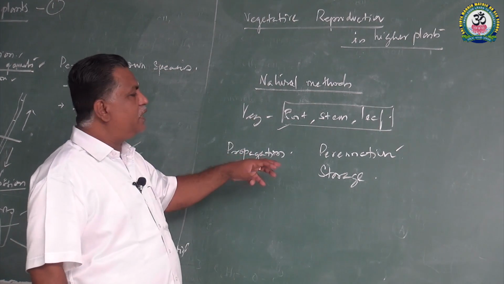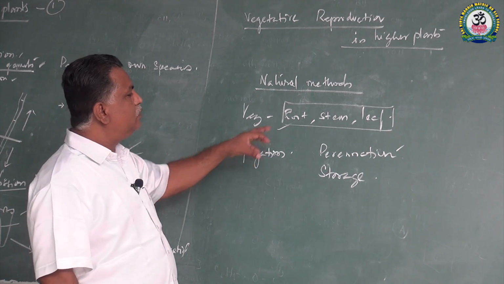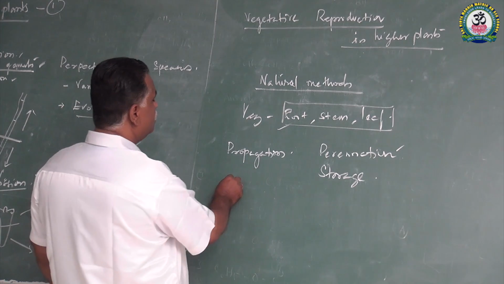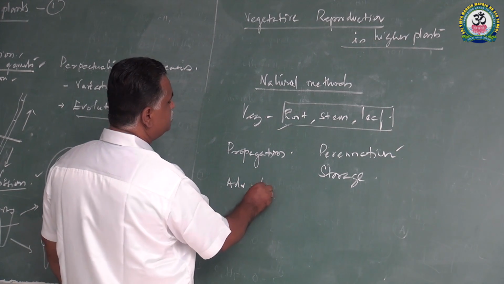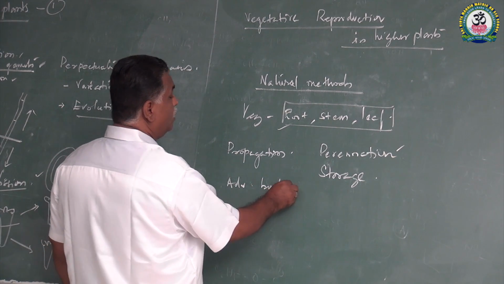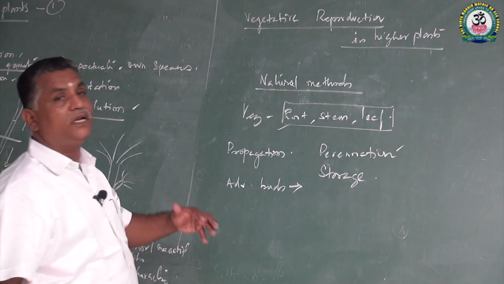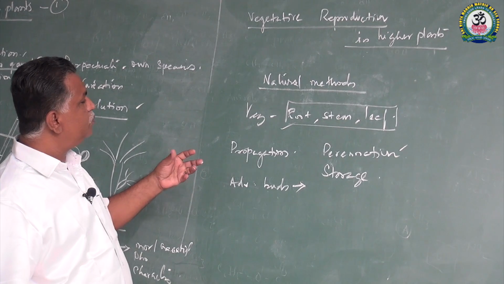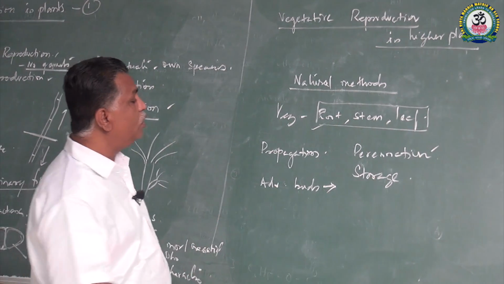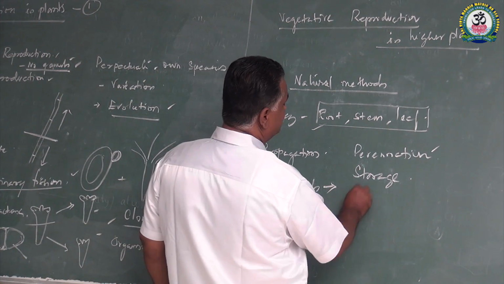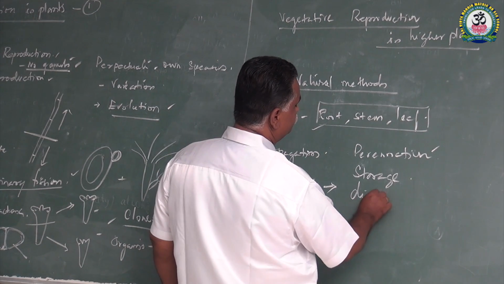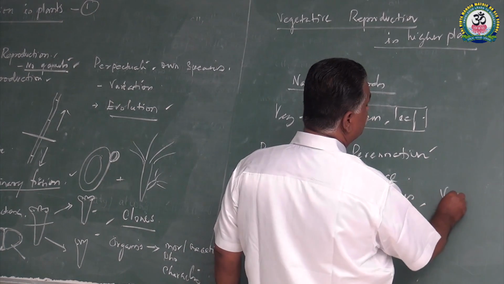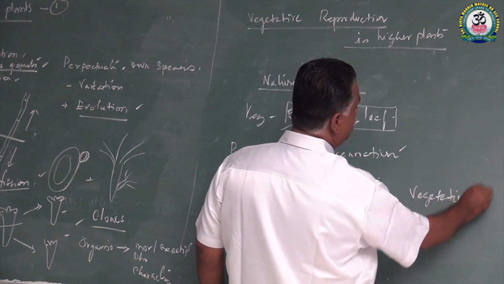But in some cases, especially the root, stem, leaf produce special structures or advantageous buds that will be involved in the propagation of the new generation. So these structures involved in the propagation of new plants are called diaspores or vegetative propagules.